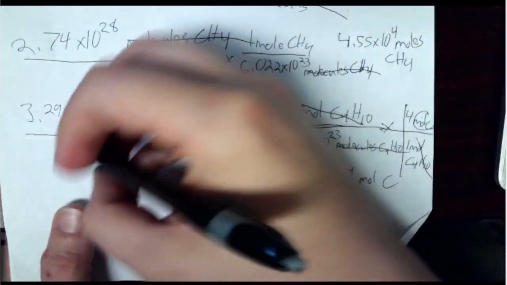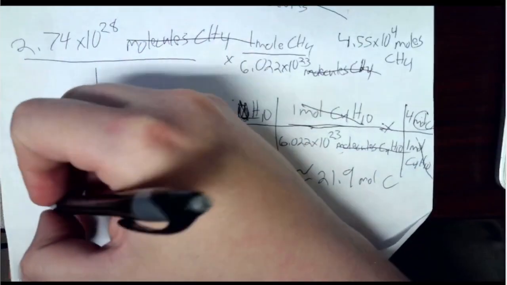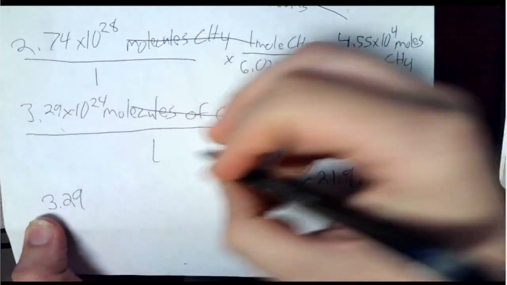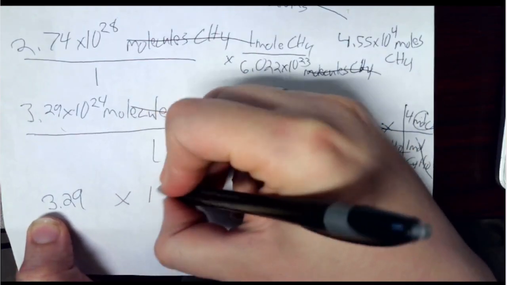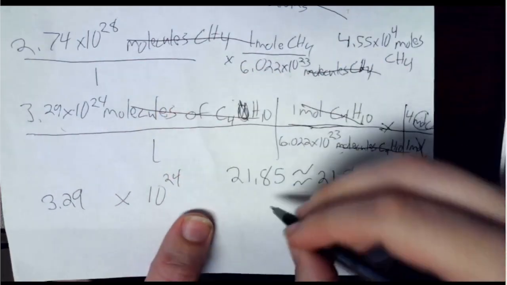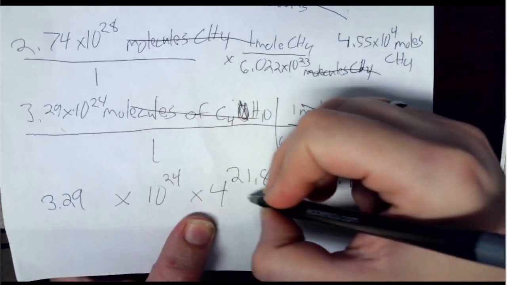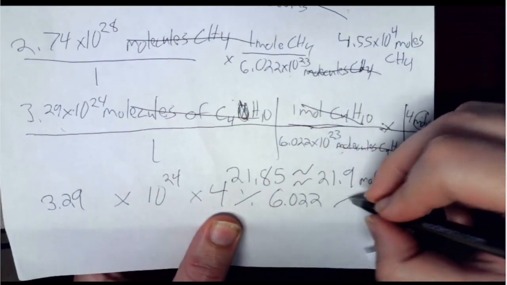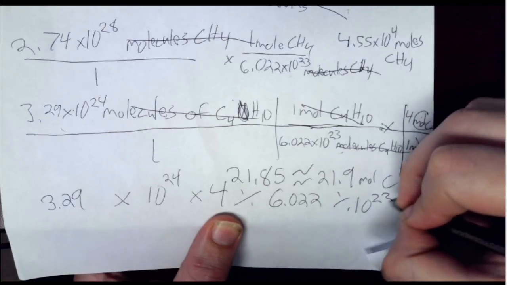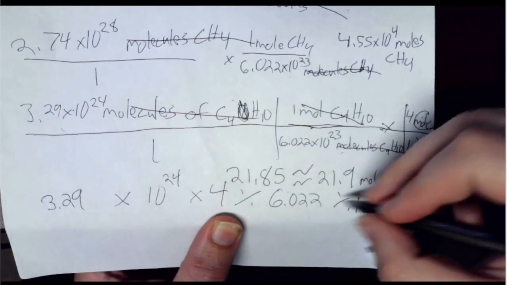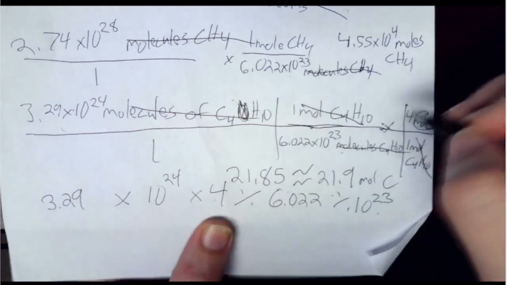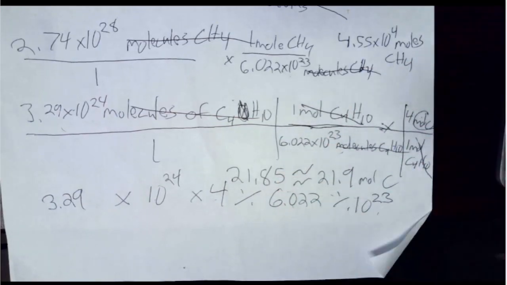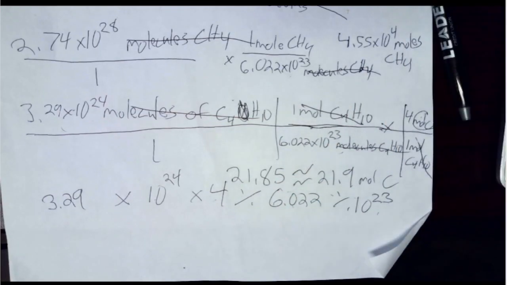So that last way I typed it, and that is where I'm going to leave you, is I can break this down into 5 different inputs: 3.29 times 10 to the 24th times 4 divided by 6022 divided by 10 to the 23rd. These are on the same side of the equation. That is another way to type that in. But that is where I'm going to leave you, how to do all this.